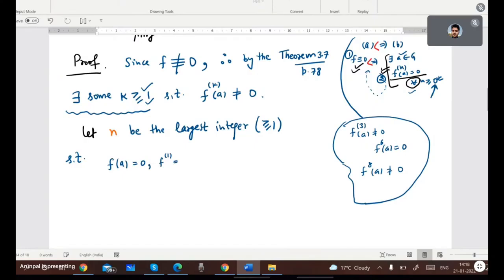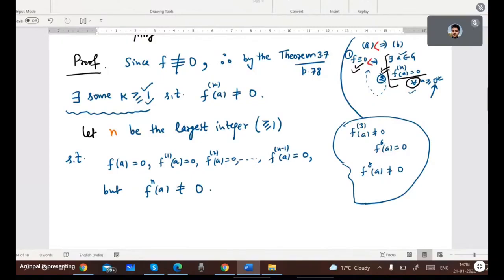First order derivative at a is also 0. Second order derivative at a is also 0, and so on, but the nth derivative at a is non-zero. Let us focus on this only.